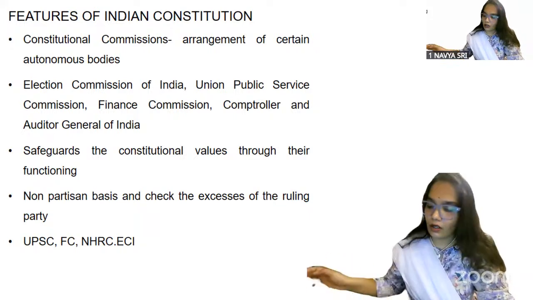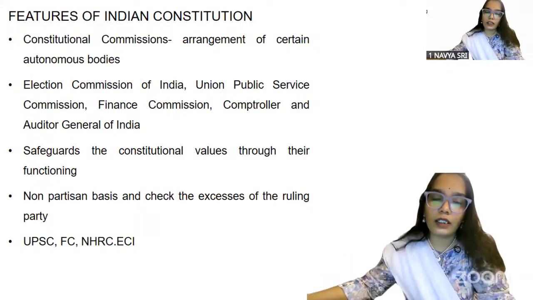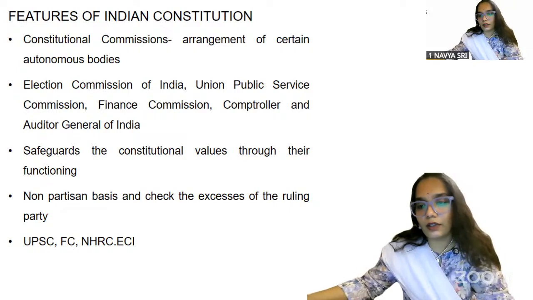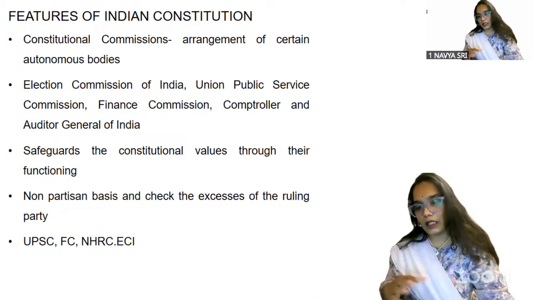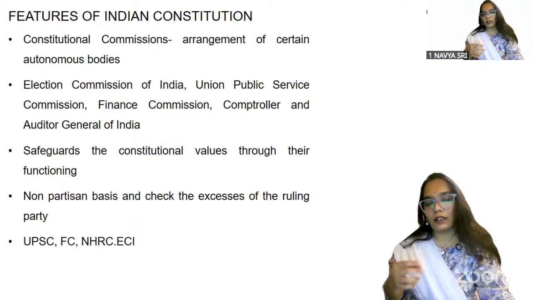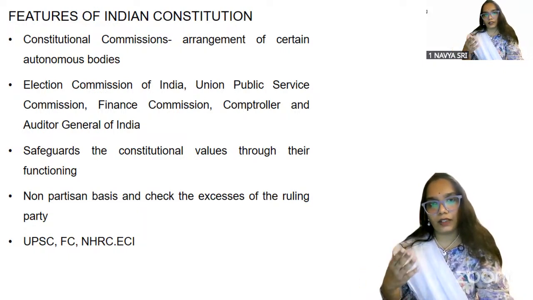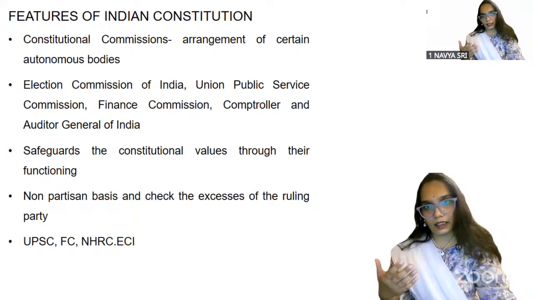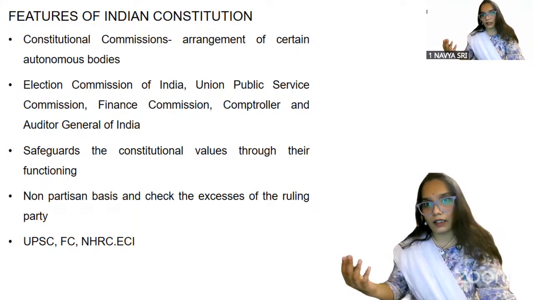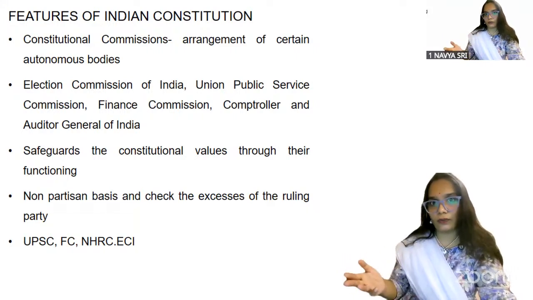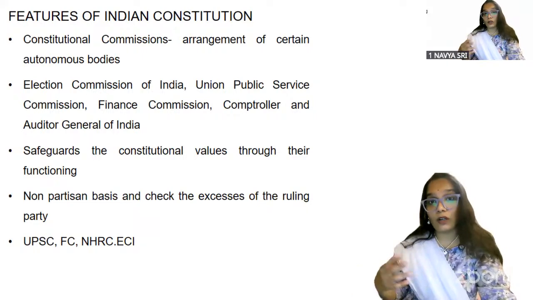Then the Comptroller and Auditor General will look into financial discrepancies. It will keep the government and private companies in check, and look into the finances that have been spent, whether they are valid, or whether there is any misappropriation of those spendings.